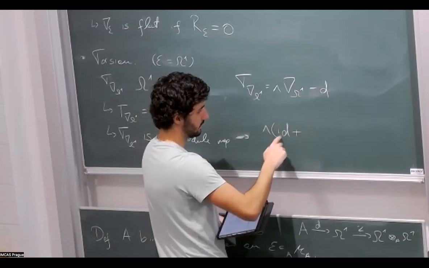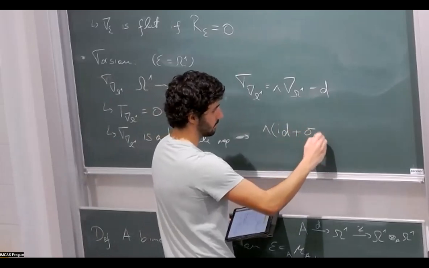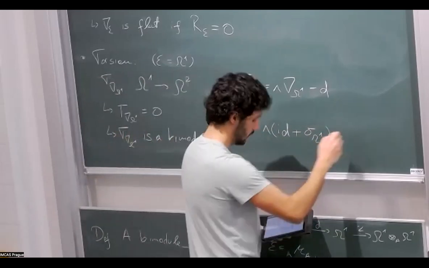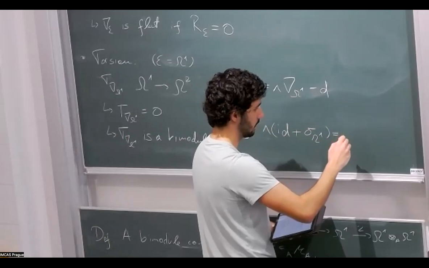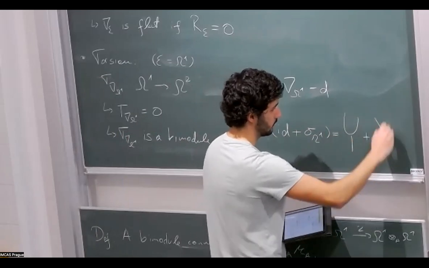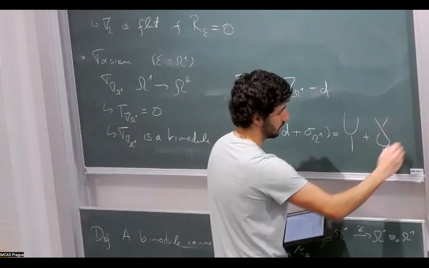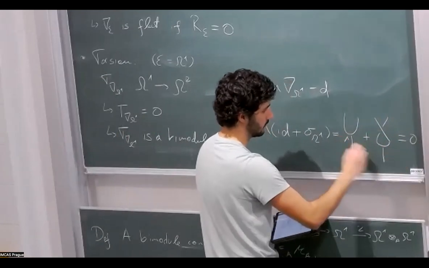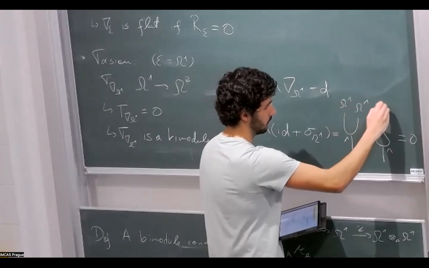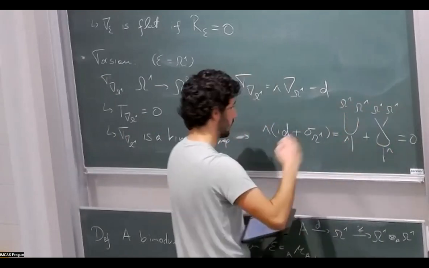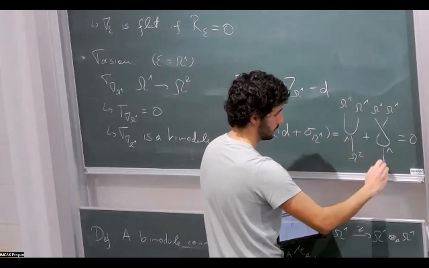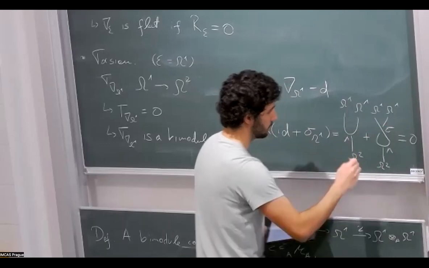So the image of the identity plus the braiding itself coming from the connection is in the kernel of the wedge. If you're familiar with braid diagrams, it would look like this. It is equal to 0. Where this is the wedge, here we have omega 1, omega 1, omega 1, going to omega 2. And here is the braiding.